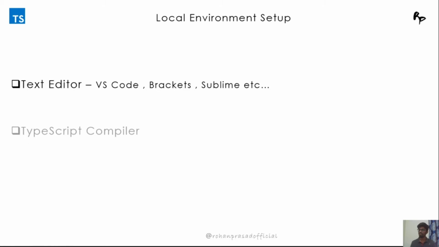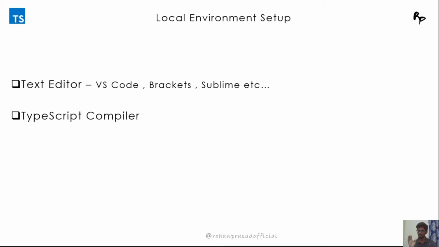Next, we need the TypeScript compiler. In the previous video we looked at how the TypeScript compiler brings TypeScript code down to JavaScript. For installing the TypeScript compiler we need two basic dependencies: Node.js and npm.